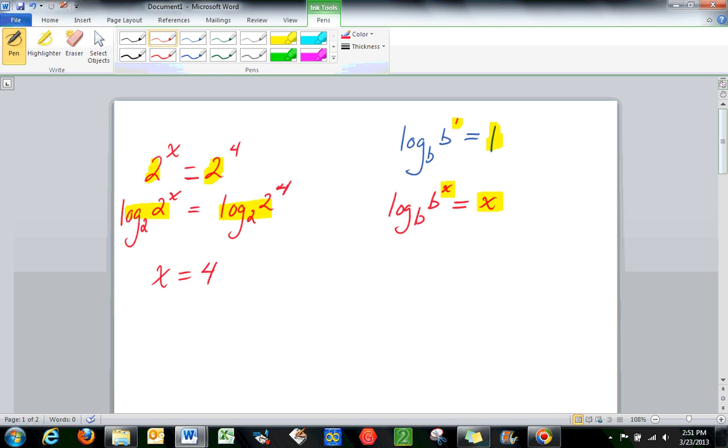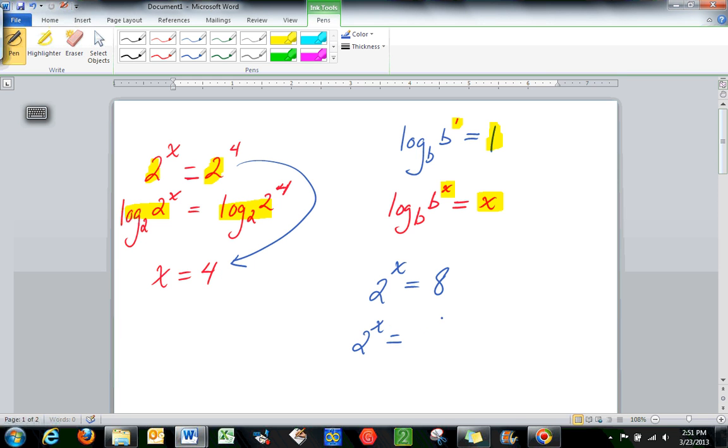And so there's no need to take this middle step. We can simply skip that and come down to here if we can create the same base. Now, you're not always going to have the luxury of having the same base. So if we had 2 to the x equaled, let's say, 8, instead of having to rewrite this as a logarithm to actually get the answer, I can just rewrite the 8 as a base of 2.